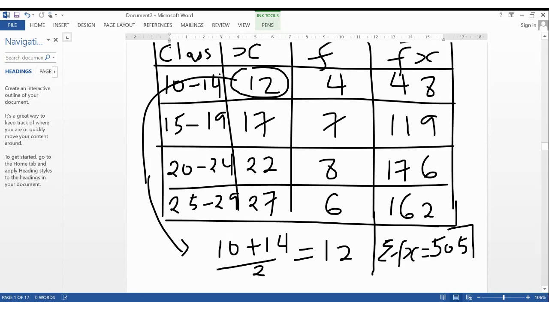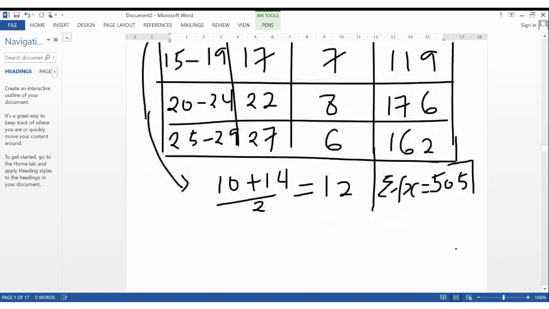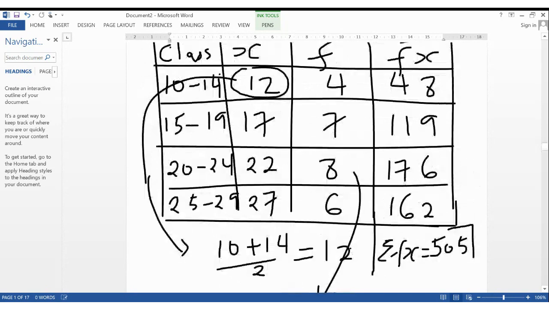Again, I need here the summation of f. When you add all those, what are you getting? 4 plus 7, that is 11. 11 plus 14, 25.